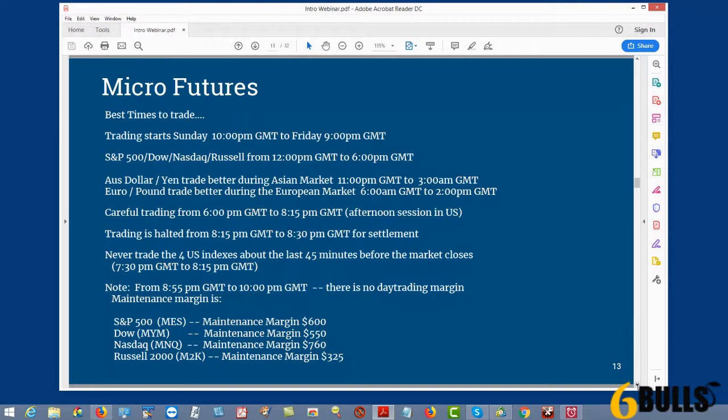During that settlement period, that cheap day trading margin goes away and it becomes what's called maintenance margin. It's only for a very short period of time, but you would have to have more money in your account from 8:55 to 10 p.m. GMT. You have to have maintenance margin.